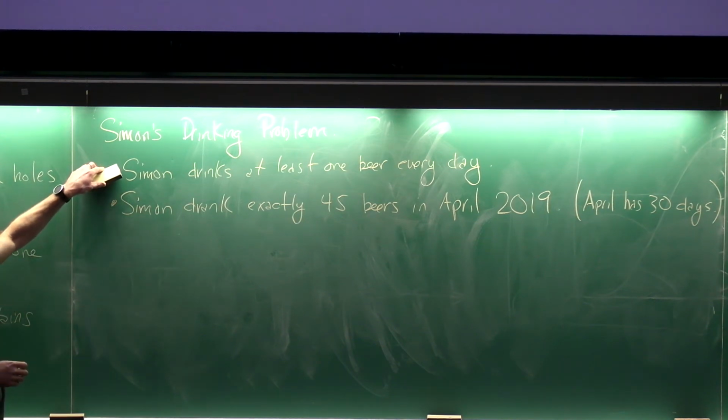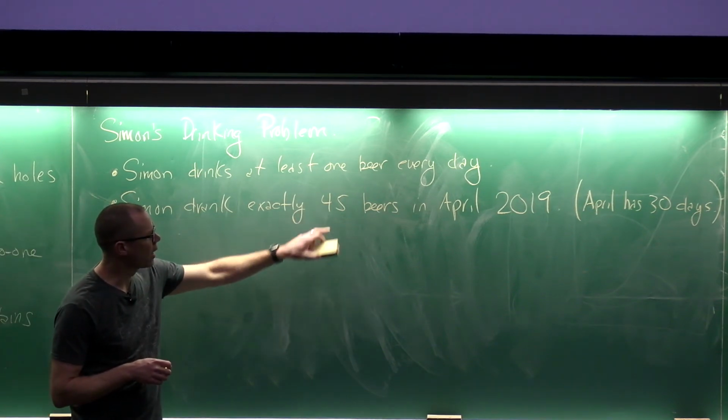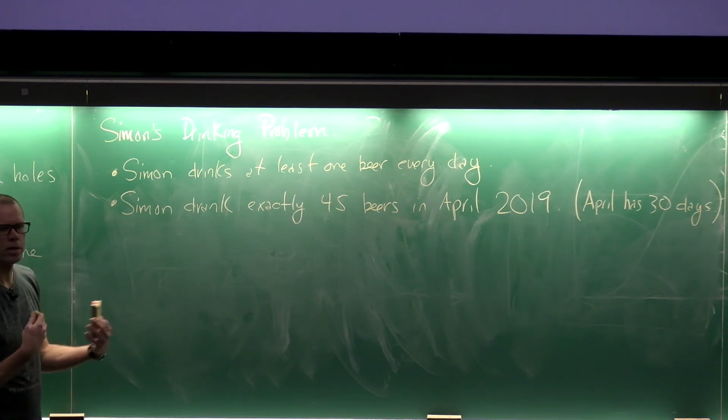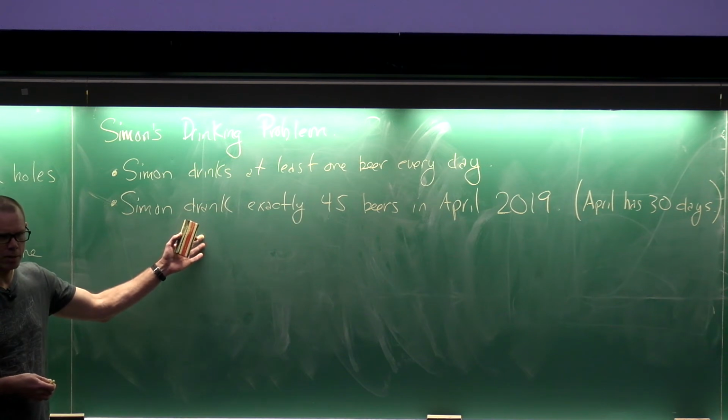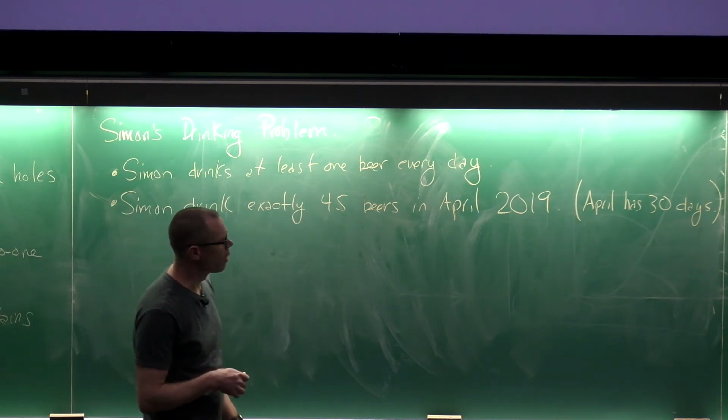Simon drinks at least 1 beer every day. He's a thirsty guy. And last April, he was able to stay sober enough to keep count, and he drank exactly 45 beers over the 30 days in April. Okay. So the sort of obvious thing we can say from this is, well, Simon drank more beers than there are days.